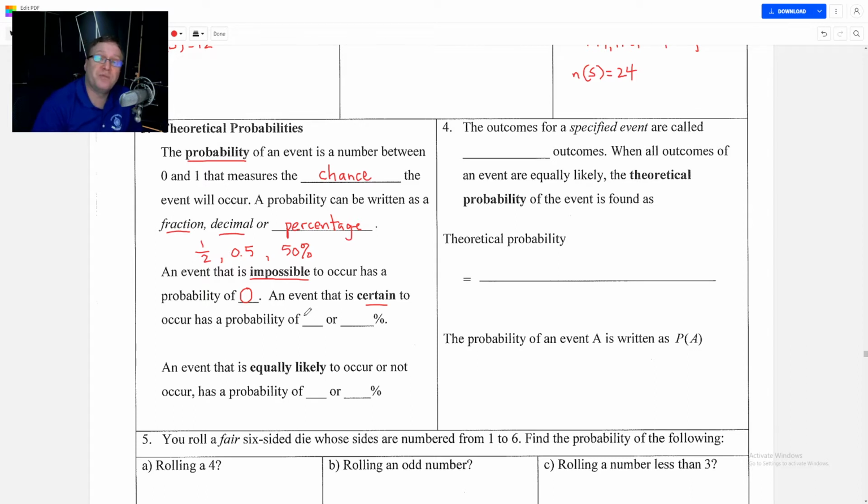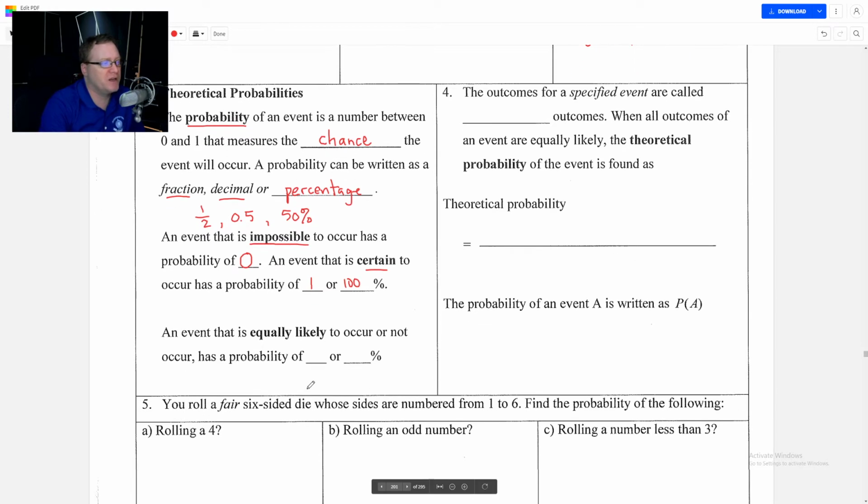What is the probability that I will get a tails? Well, I will always get tails. So the probability is 1. If we say the probability is 1, that means it will always happen. And in a percentage, we would say that's 100%.